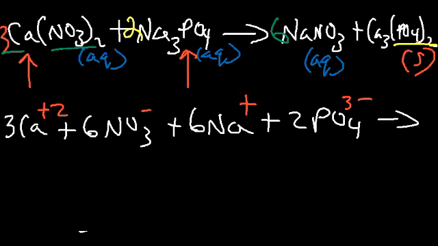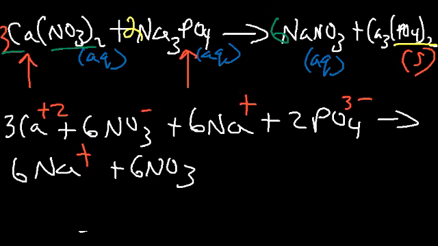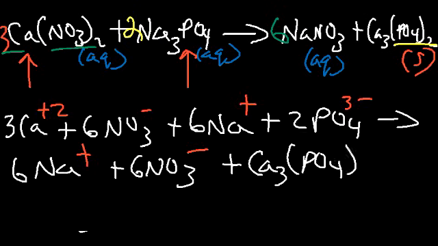On the right side, in 6 NaNO3, we have 6 Na+ ions and 6 nitrate ions. Now, calcium phosphate is a solid, so we're going to write it the exact same way as Ca3(PO4)2 solid. Everything else is in the aqueous phase.